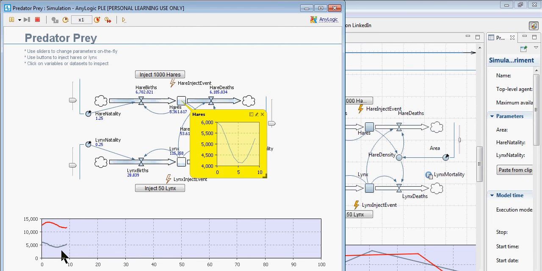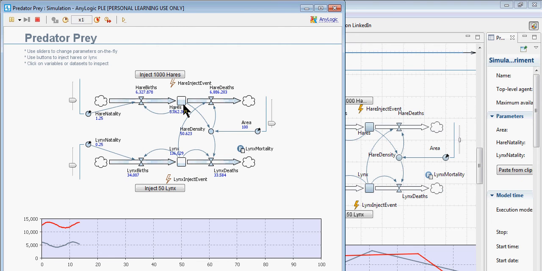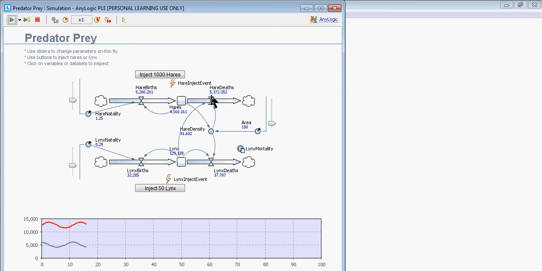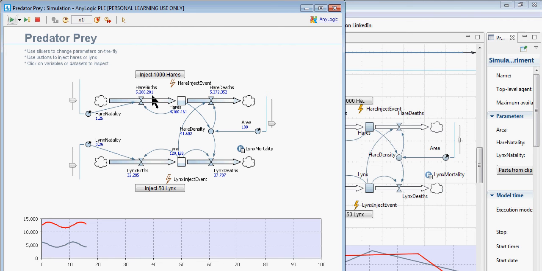So let's try this thing over. Let's try right-clicking on this and doing run, and we're going to see the consequence of this assumption. Okay, so here we go. Here we're going to be running it, and what we're going to see under hares is a decline in the number of hares over time, and it turns out that's also depicted down here in gray, and the number of lynx are depicted in red.